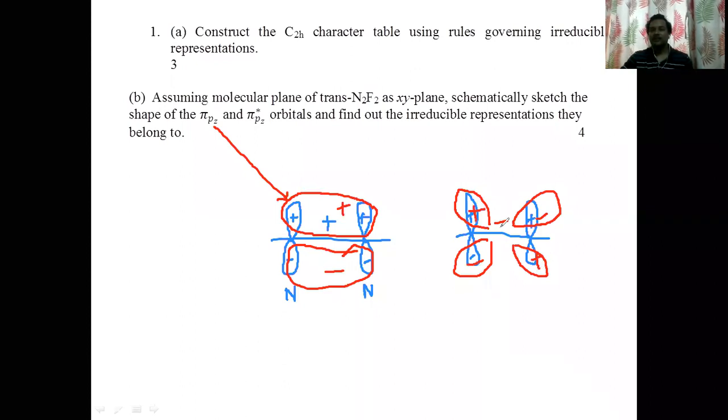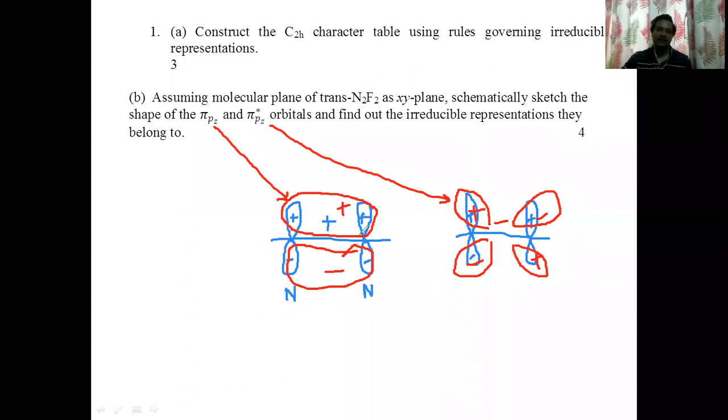So this is kind of a d orbital. So that is basically your pi star PZ.